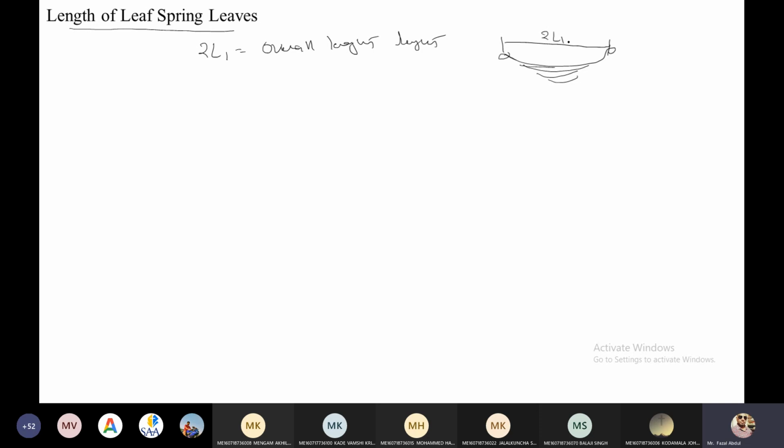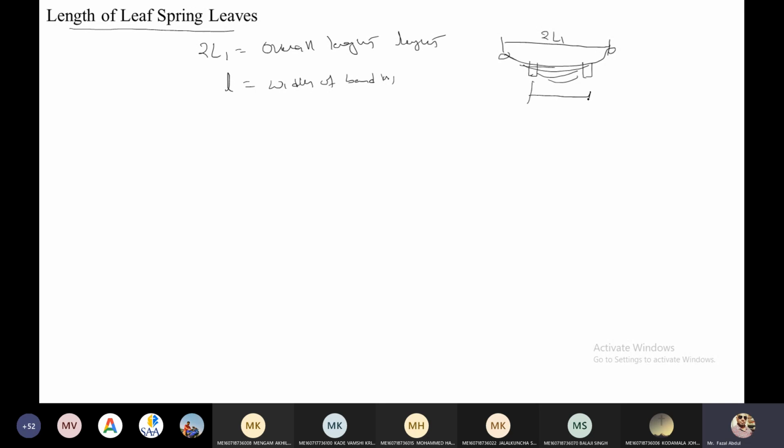Okay. Now small l, here the small l is there. This small l is known as the width of the band, or distance between the centers of U-bolt. So the U-bolts are going to be used here.